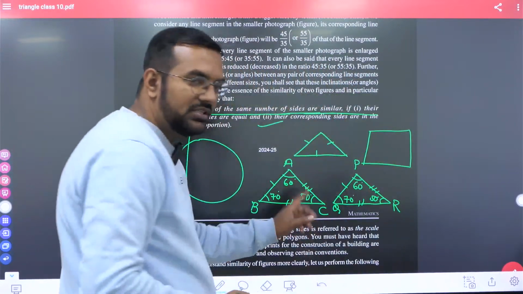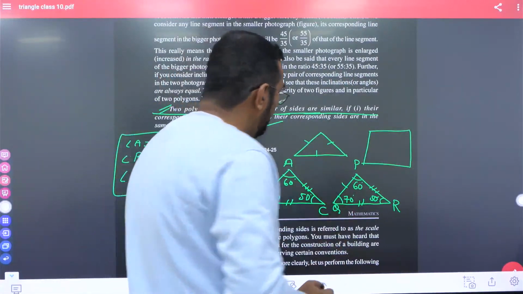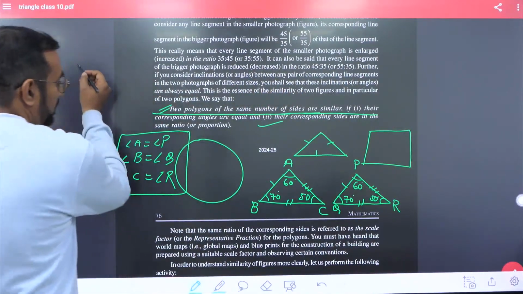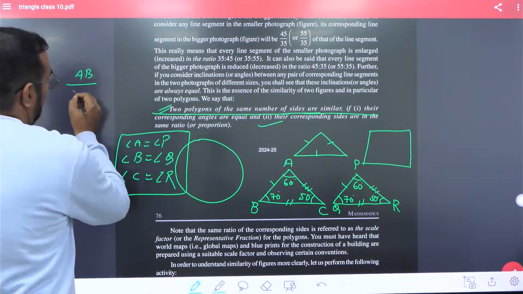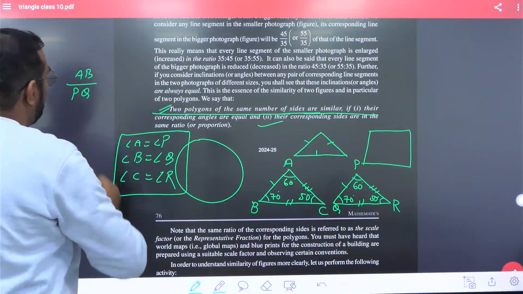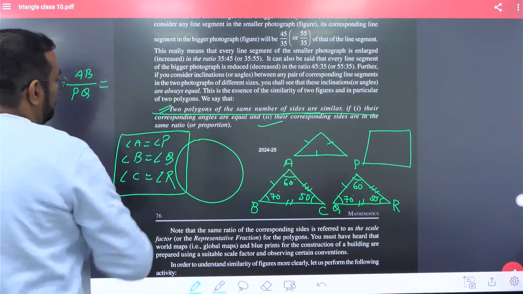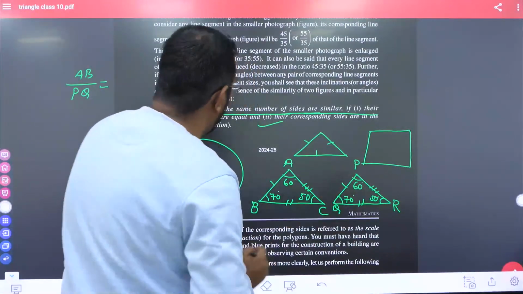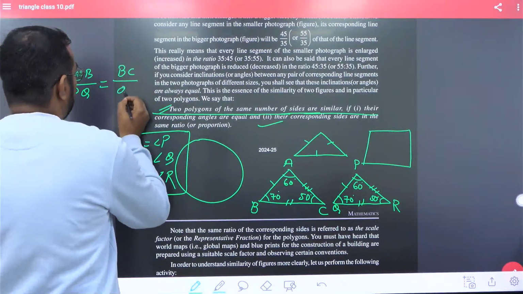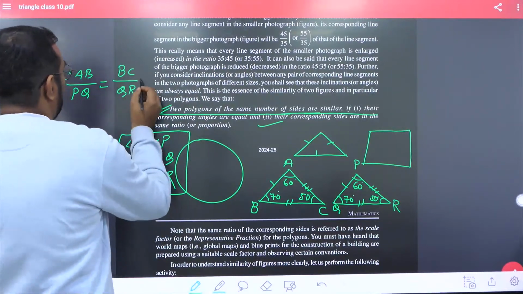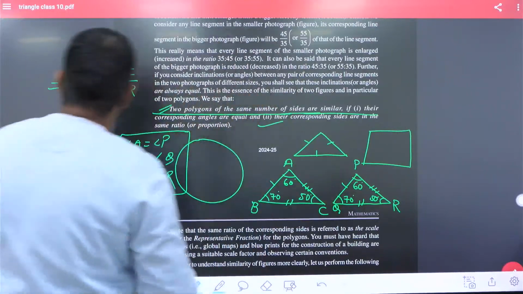Their ratios must be the same. That means AB upon PQ, the ratio of AB and PQ, must equal the ratio of BC and QR, and that must equal the ratio of AC and PR.